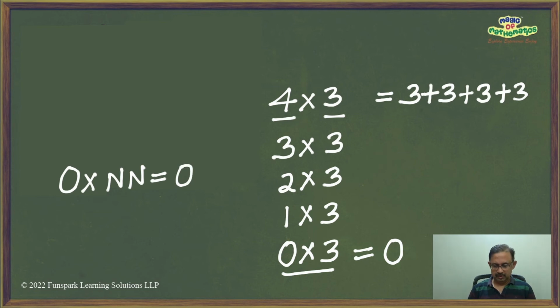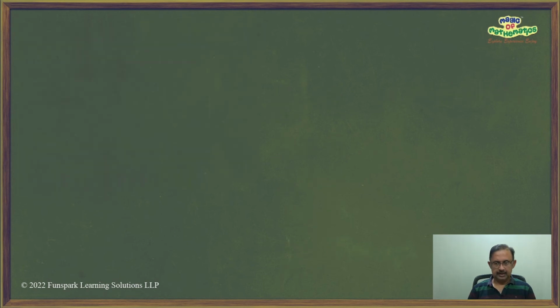Let us now see what happens when both the multiplier and the multiplicand are 0. That is, what is 0 times 0. Again, this is best examined using a concrete example. As before, I go to a classroom expecting to meet some children. This time, I don't have plans to give any apples to any child.